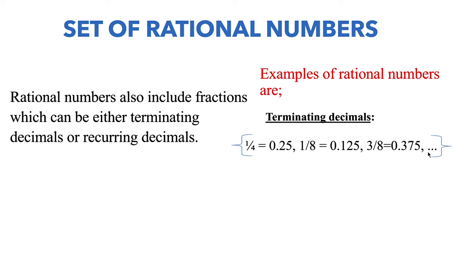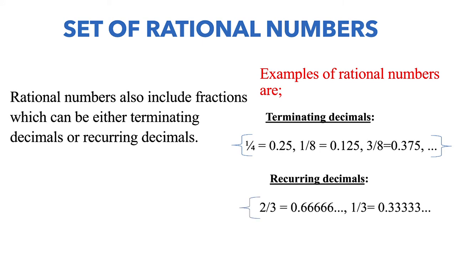So a rational number can also be a fraction. The next type of rational numbers are the recurring decimals. For example, we have 2/3. It gives us 0.666666666.